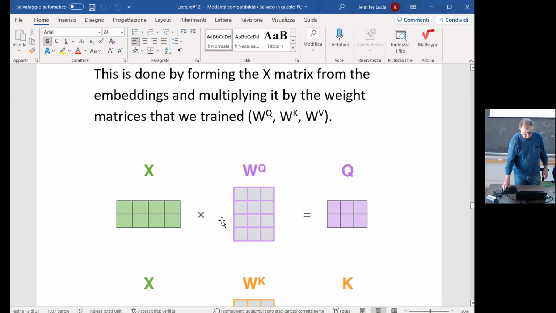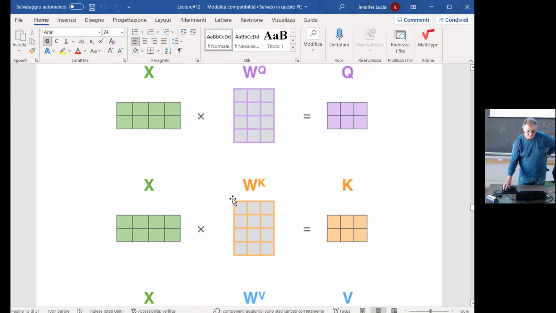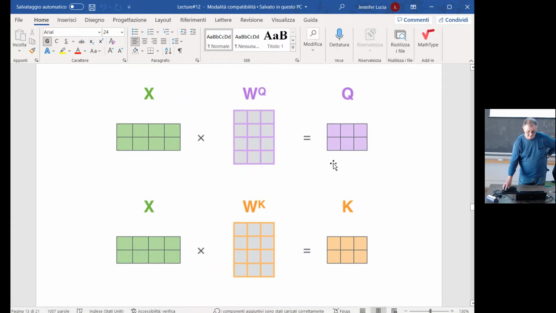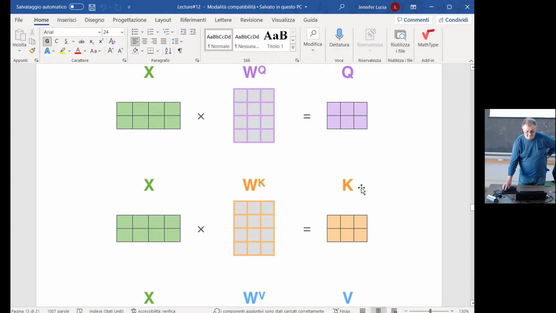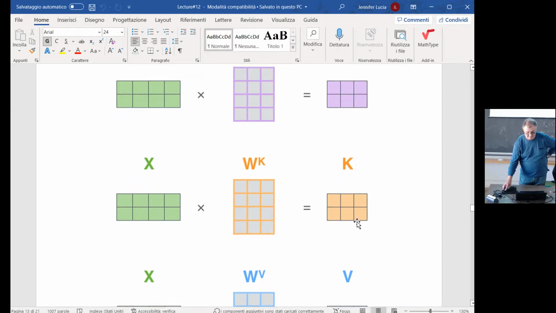So we have X multiplied by the weight matrix WQ to get the matrix Q. Also X by weights WK, and then the keys and values.